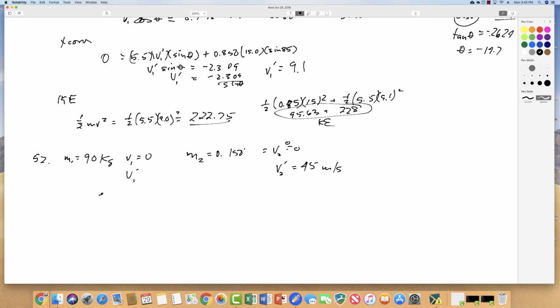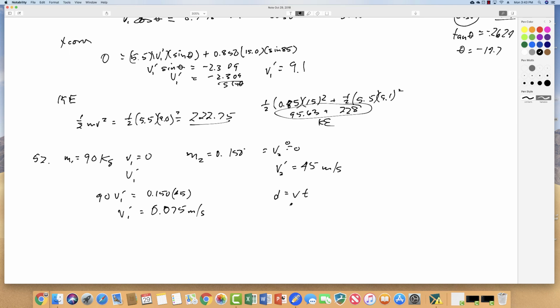So 90 times V1 prime has to equal 0.15 times V2 prime, 45. So V1 prime equals 0.075 meters per second. And the distance is equal to the velocity times the time.